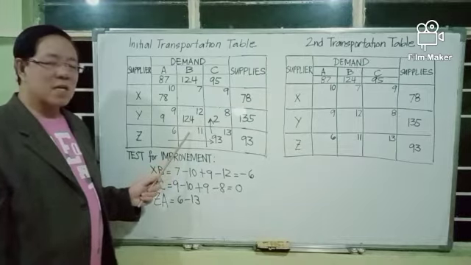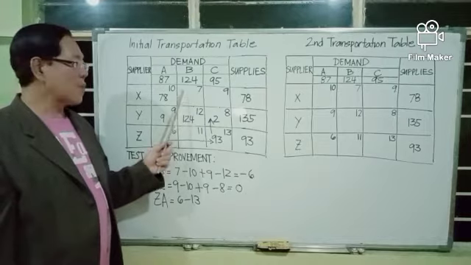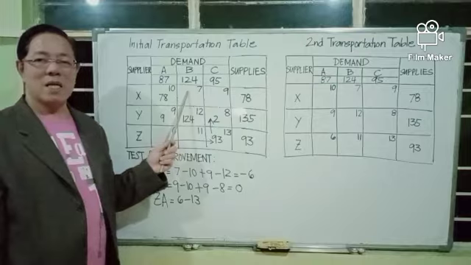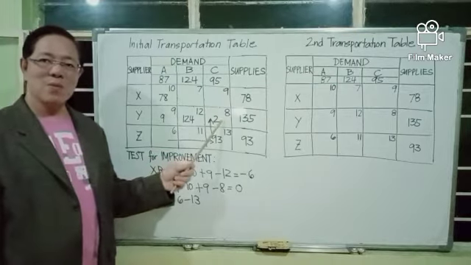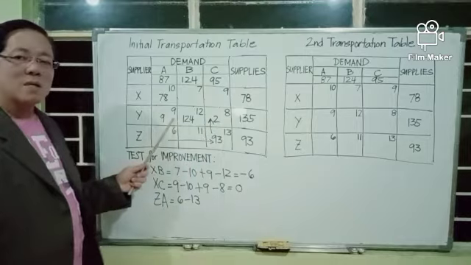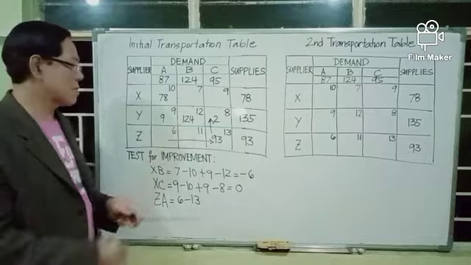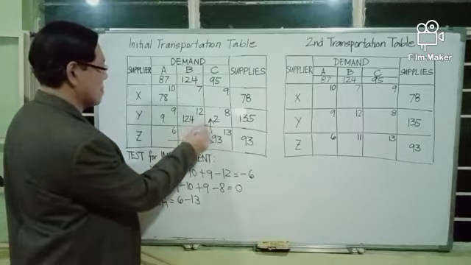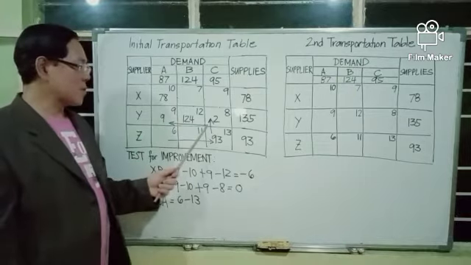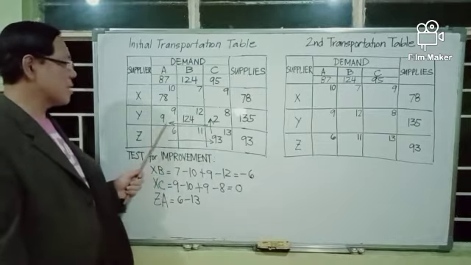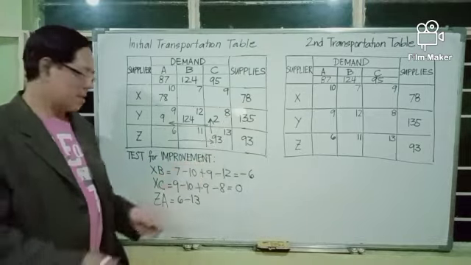But you cannot move vertically downward because this cell is empty. You cannot move vertically upward because this cell is vacant or empty. Hence, from this cell with 2 units, we move horizontally to the left, straight to this cell with 9 units. And the cost associated with this horizontal movement is the positive of the cell cost, plus 8.